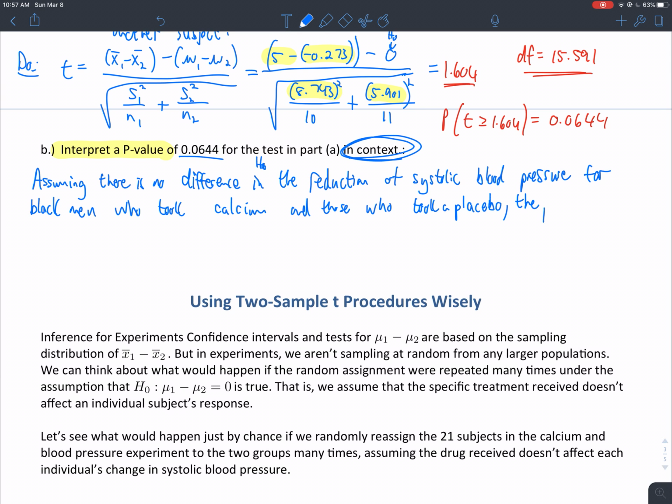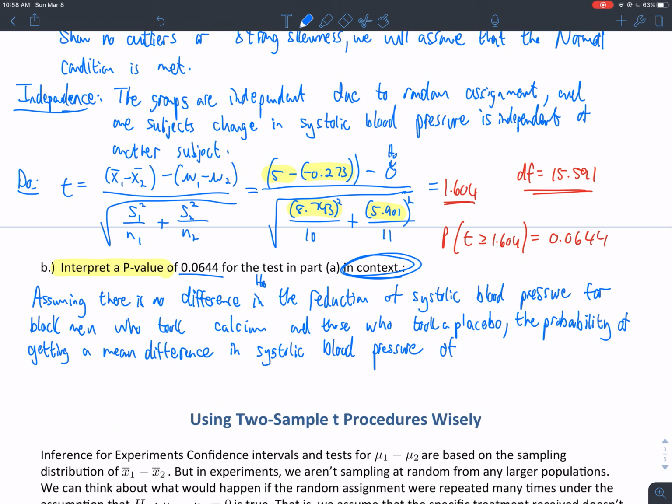The probability of getting a mean difference in systolic blood pressure of, now we have to talk about what we got.